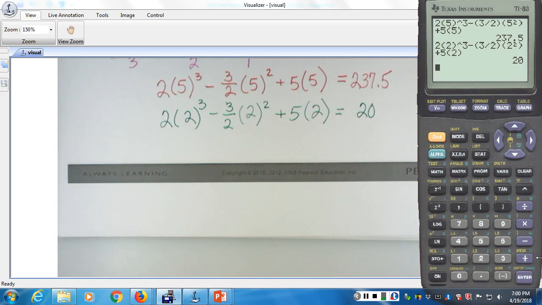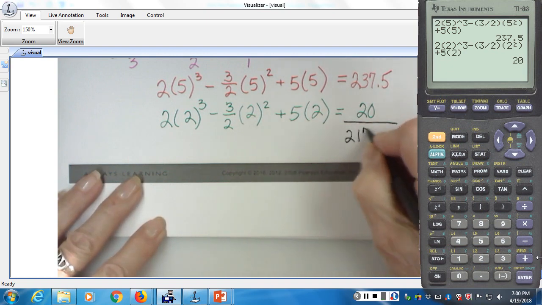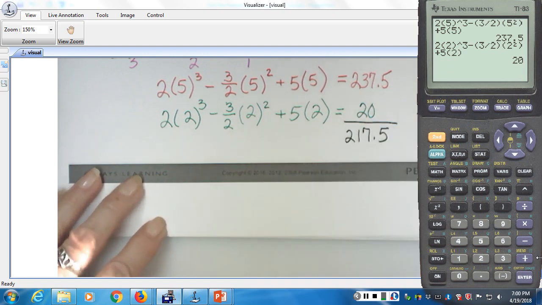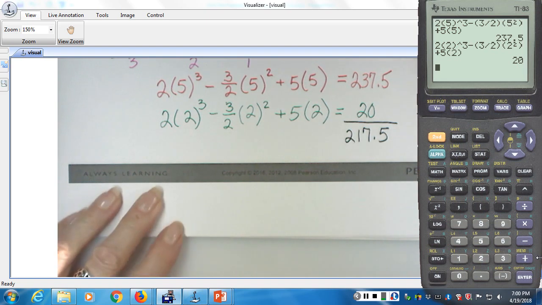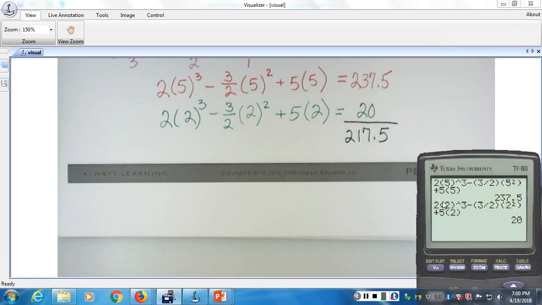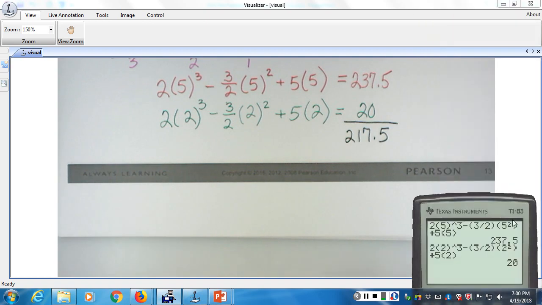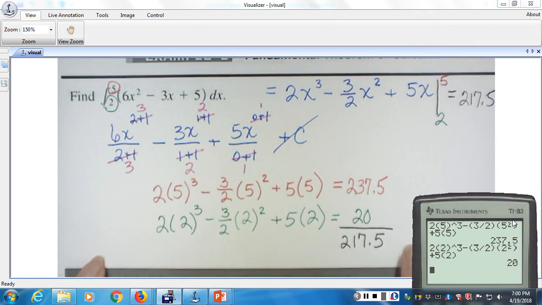So what that means then is that's going to be 217.5, which is the answer to the question. Why 237.5 minus 20? Because you're subtracting.